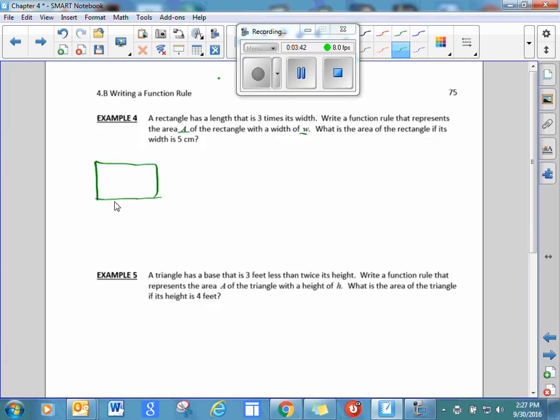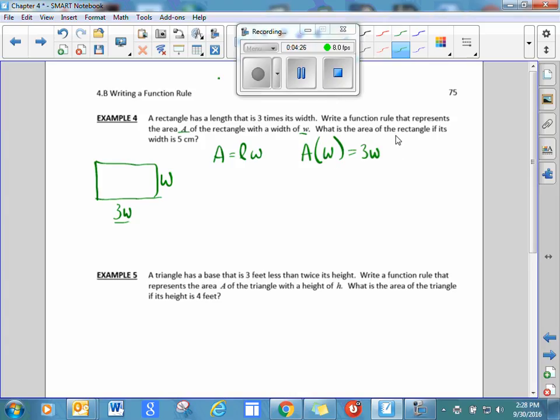Okay, so if the width is W, then instead of L, we're going to write the length 3 times as big as W. Of course, we're going to use the formula for area is equal to length times width, but we're going to say area as a function of width is going to be written, instead of with the variable L, we're going to replace it with an equivalent, which is 3W, 3 widths, because they are asking us to write a function rule that represents the area as a function of the width.